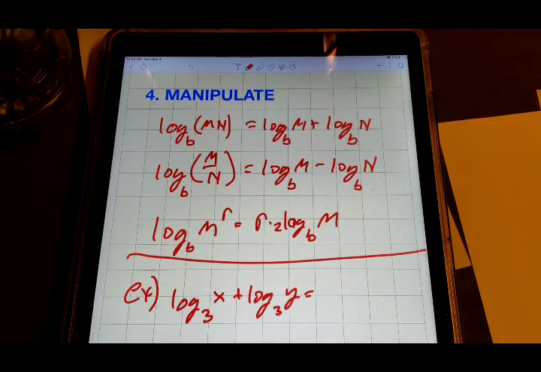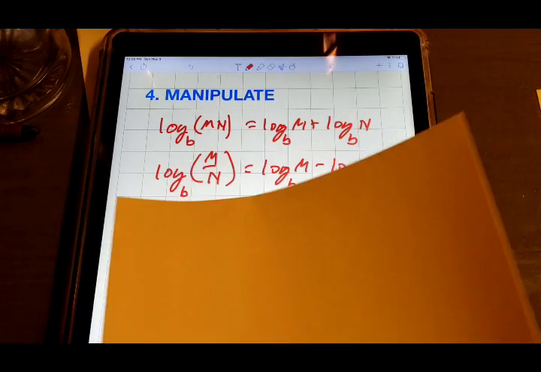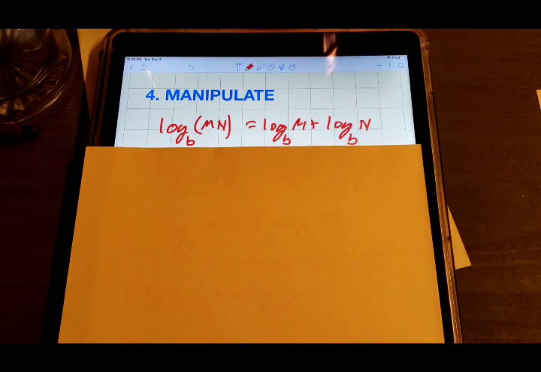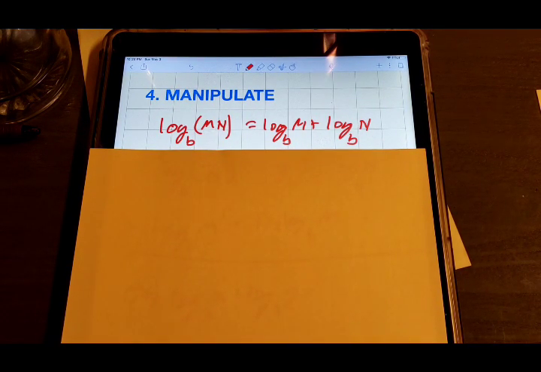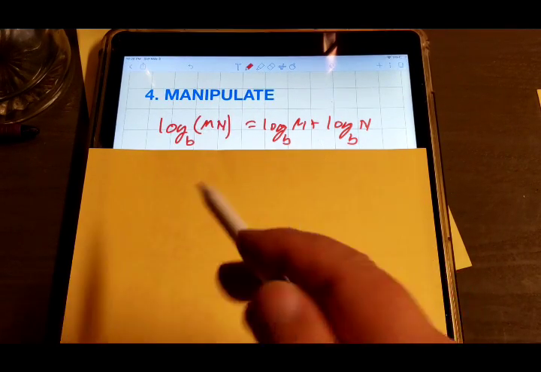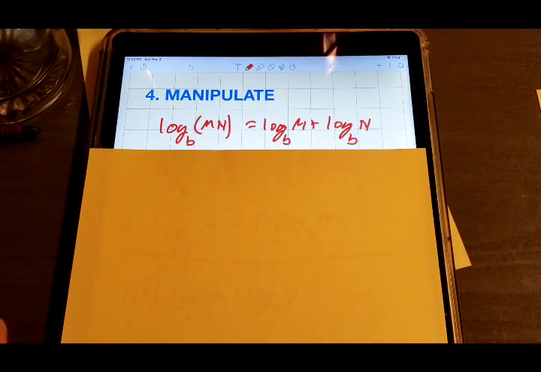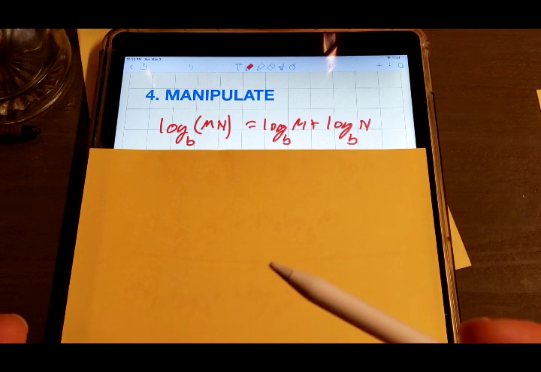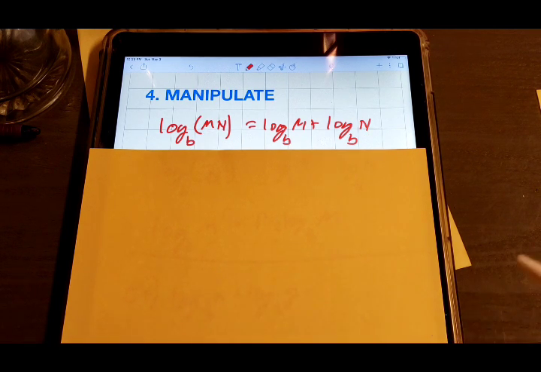Manipulating logarithms. Let's look at these. I just wrote these down. Of course, these are on the website certainly, but you can manipulate a logarithm. The direction you manipulate a logarithm really isn't one particular direction. In other words, there's not a way to simplify.